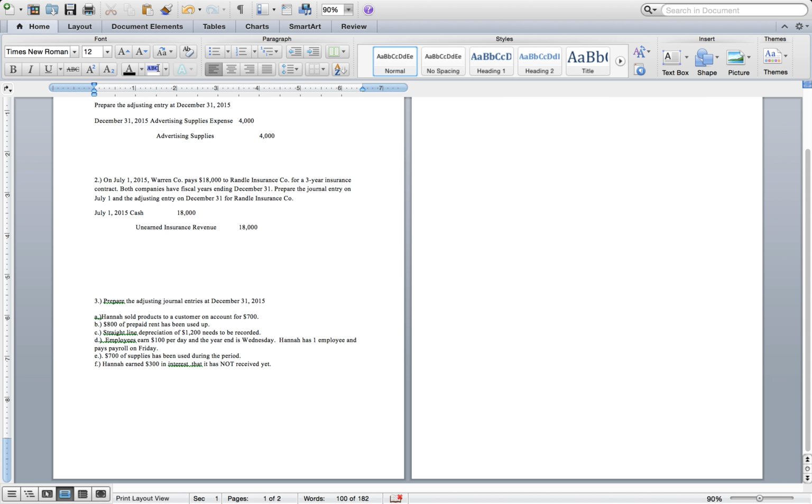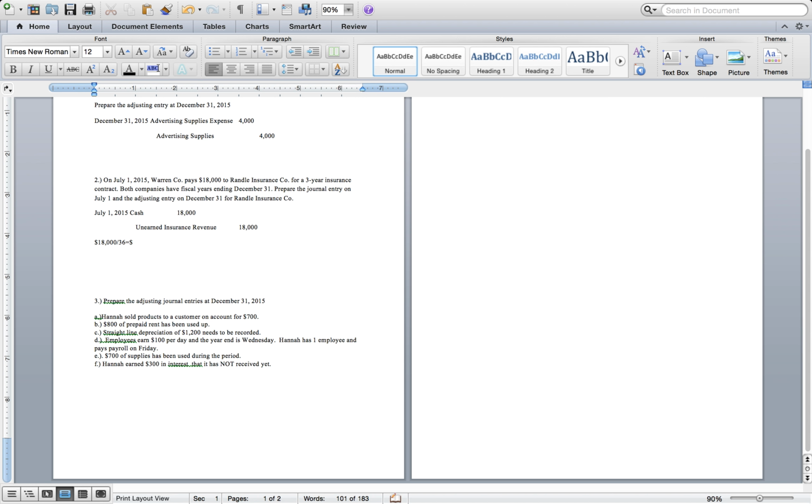Except now at December 31st, we have to make an adjustment. First of all, let's see how much insurance expires per month. So we start with $18,000. Then you want to divide by how many periods it's for. It's for 3 years. There are 12 months in a year. That's 36 months, so divide by 36.